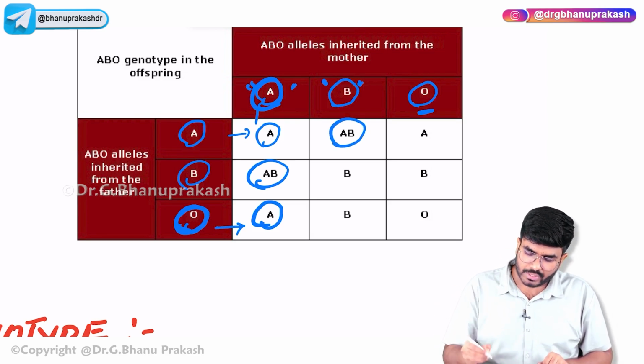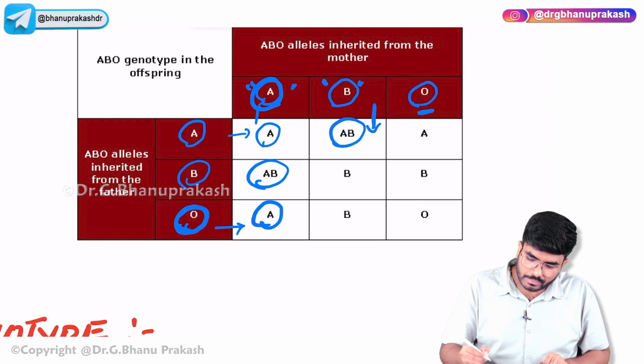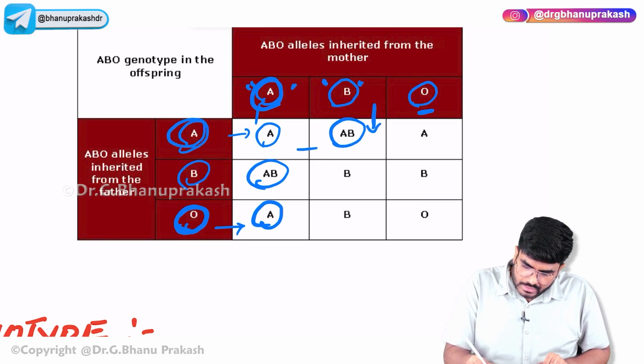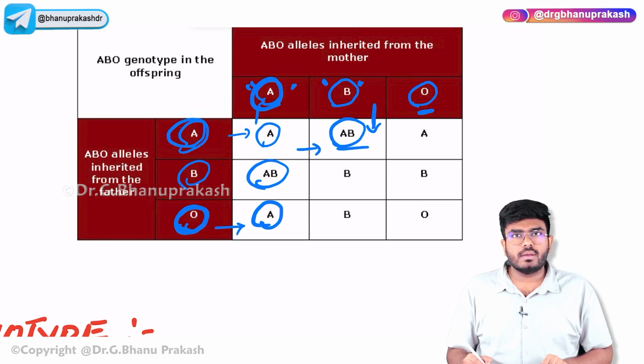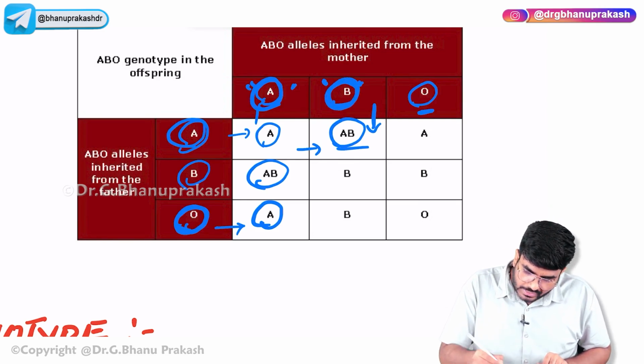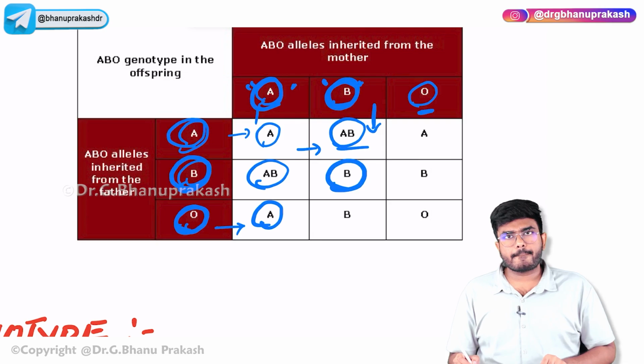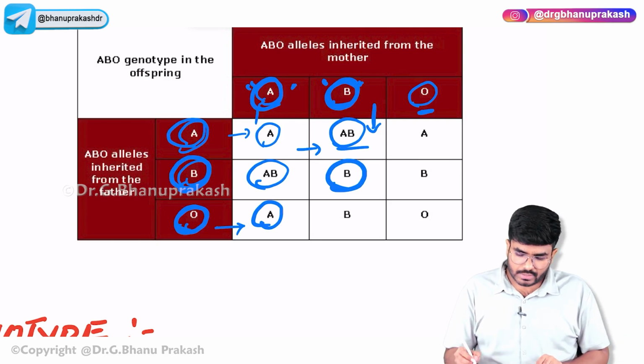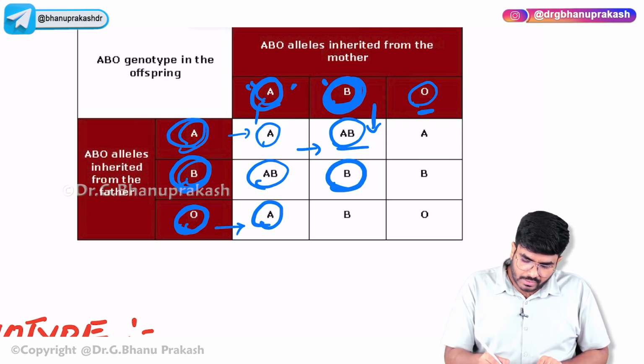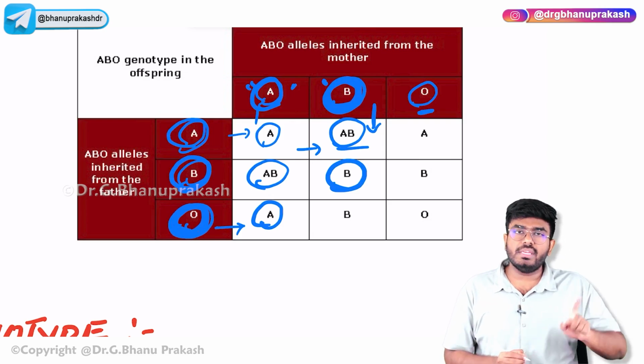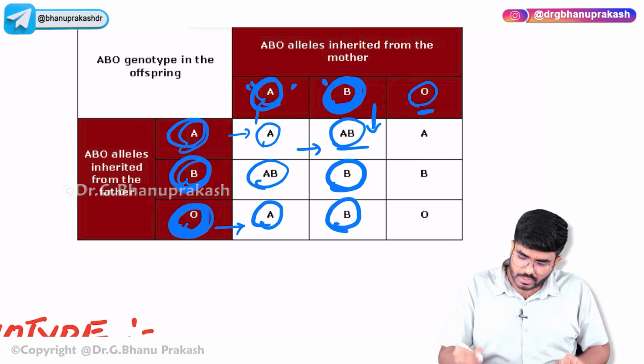Mother gives B, father gives A, so it is AB. If B and B both come, it will be B. Mother gives B, father gives O: B is dominant over O, so B blood group.